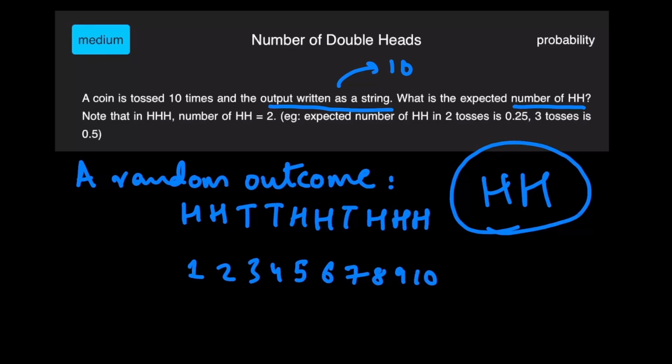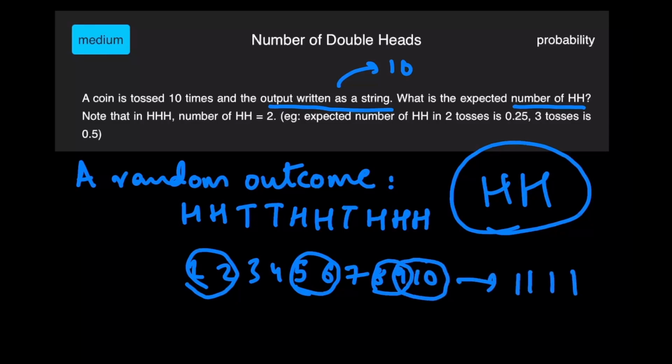And what we need to calculate then becomes the expected value of the number of such unique index pairs that will be formed. So for this example over here, index 1, comma 2 is a pair, 5, comma 6 is also a pair, 8, comma 9 is a pair, and 9, comma 10 is a pair. So in total, there are 4 pairs over here.